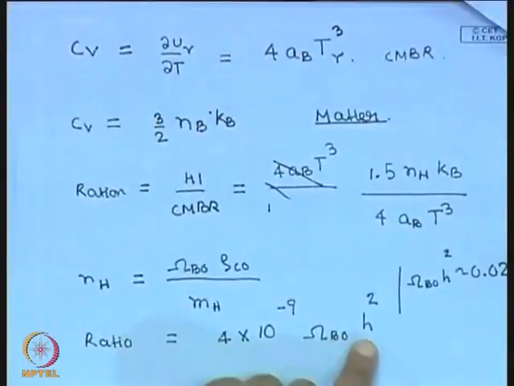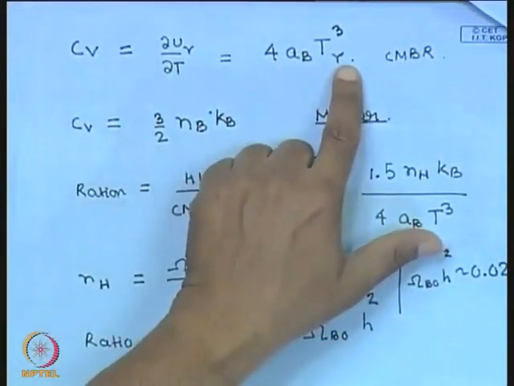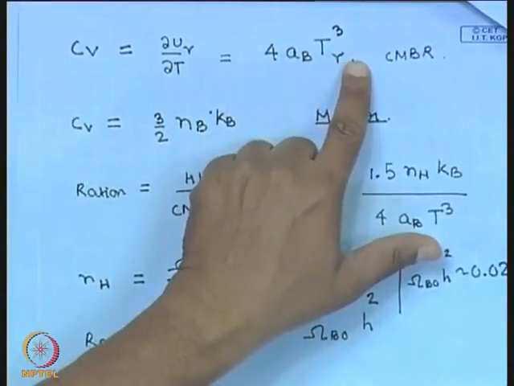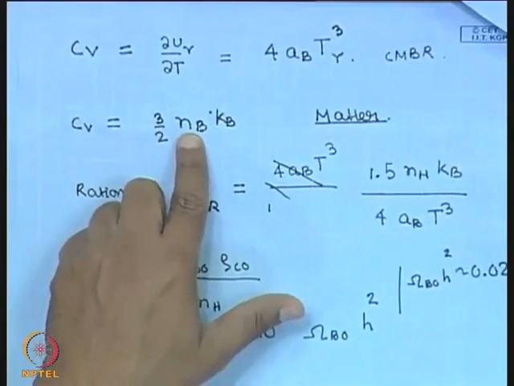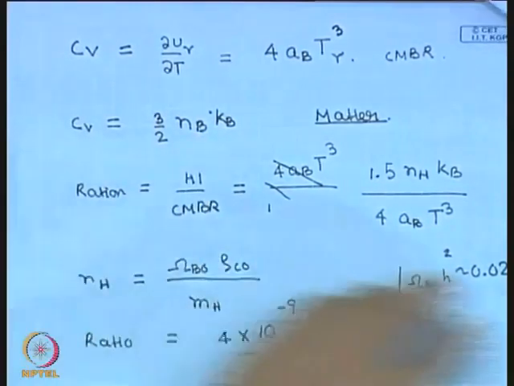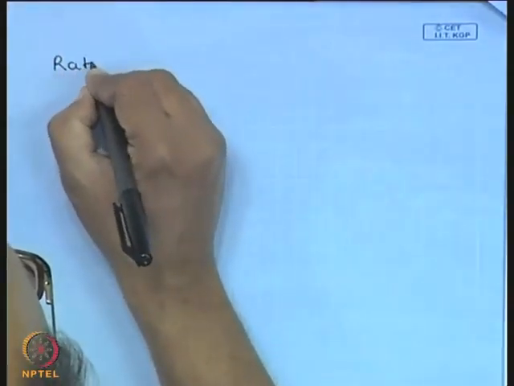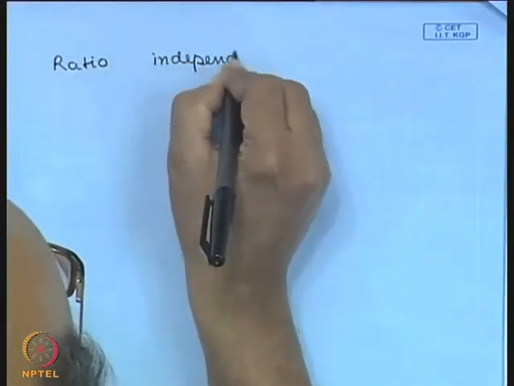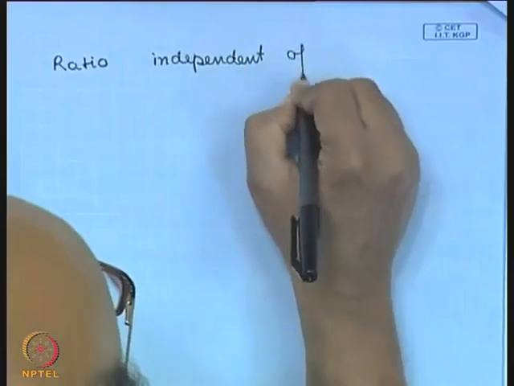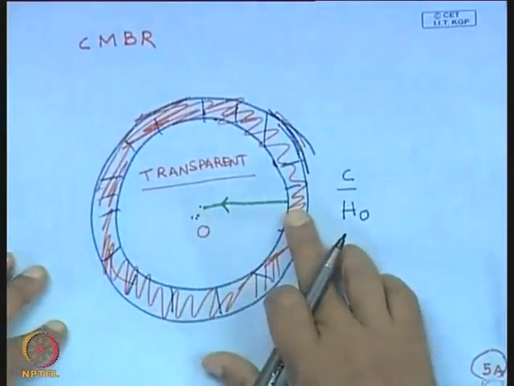Okay, and this ratio does not change with redshift, because this scales as T cube, which scales as a minus 3. This also scales as a minus 3 because the number density of particles scales as a minus 3. So this ratio is independent of z. So the ratio remains unchanged all the way over here.